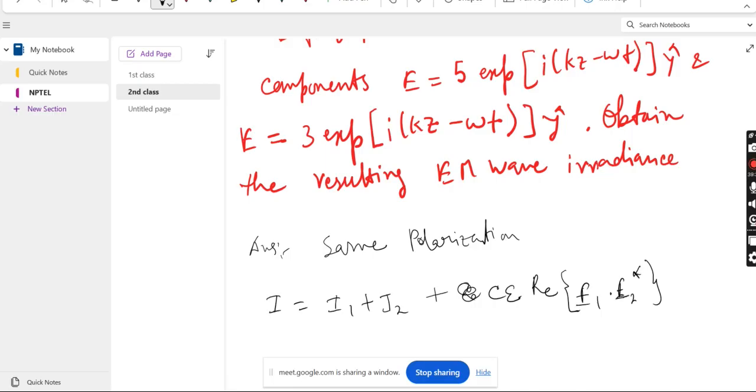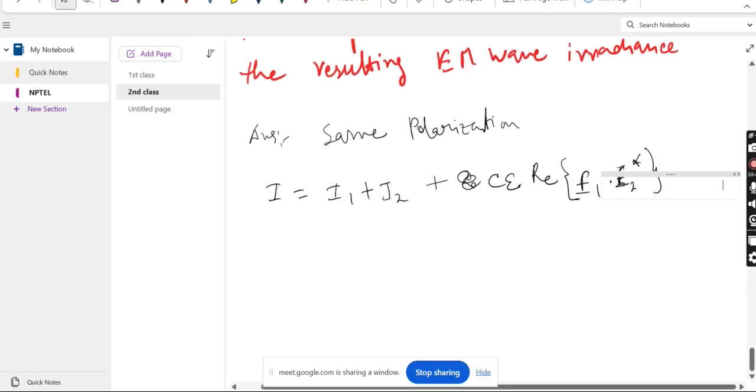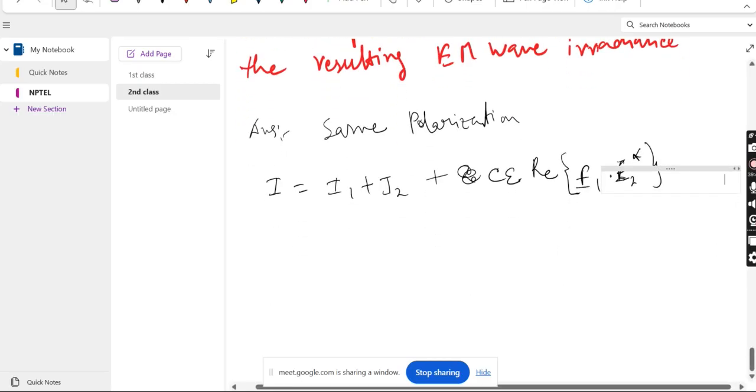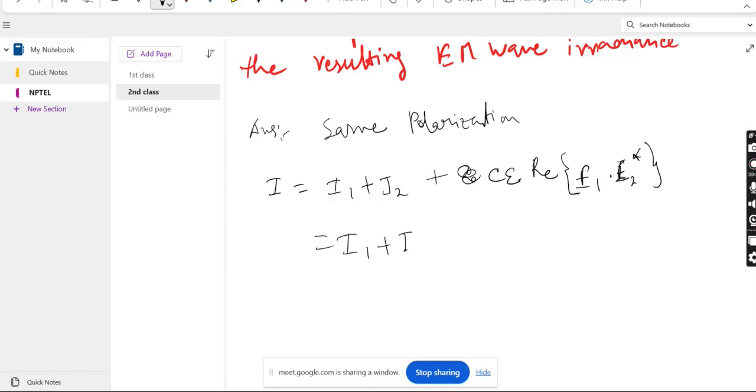Here there is no complex quantity, so it will become I1 plus I2 plus c epsilon E1 dot E2.